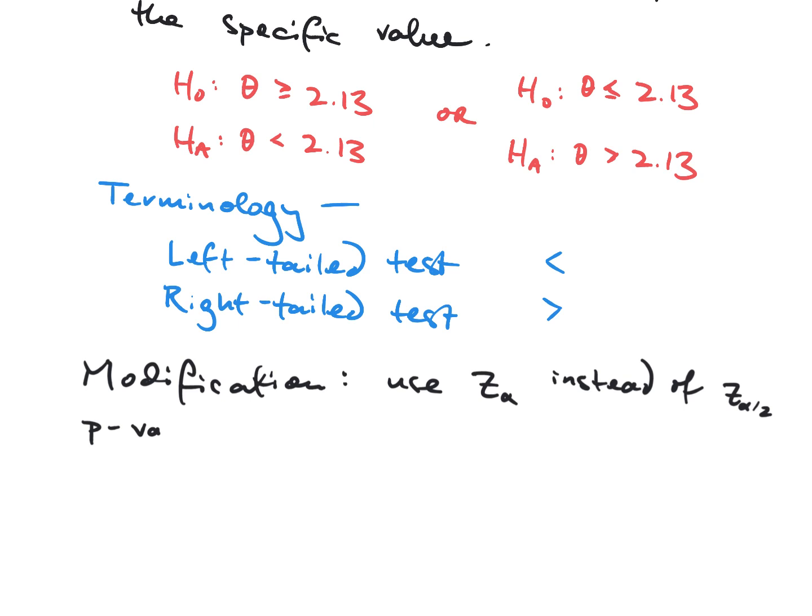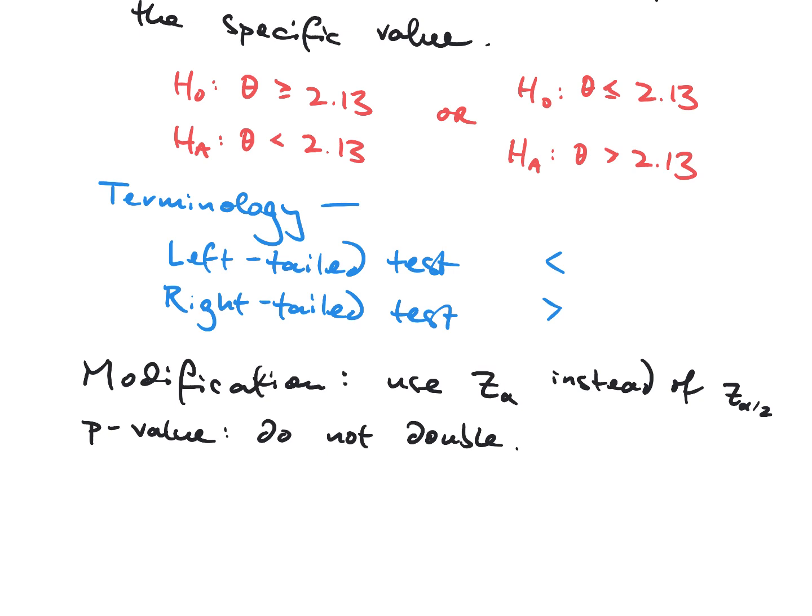If using a p-value, do not double. Okay, we're interested in only one tail, so we don't need to double it to account for the possibility of being in either tail.